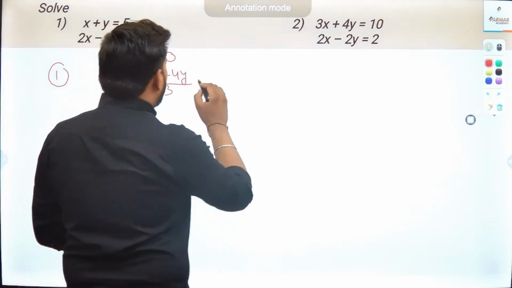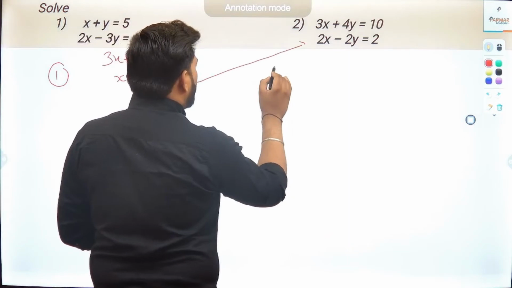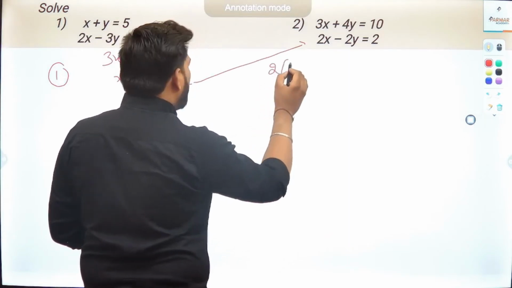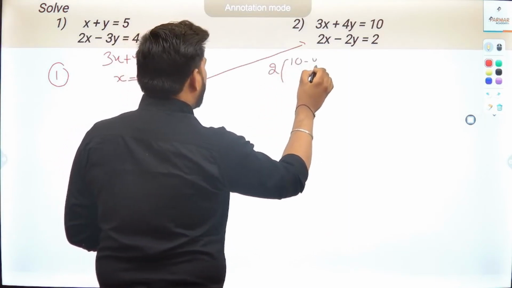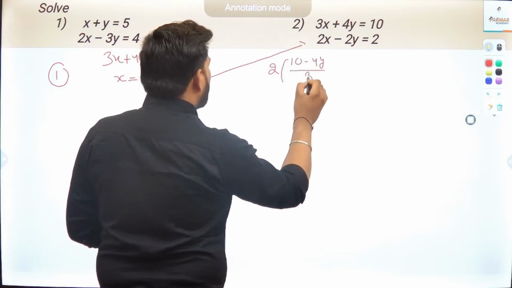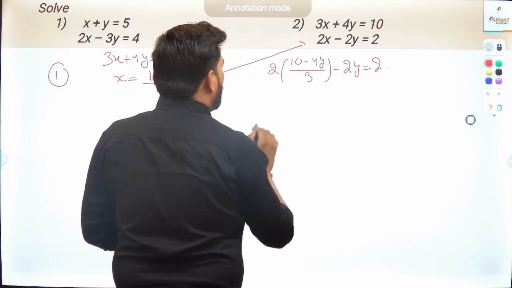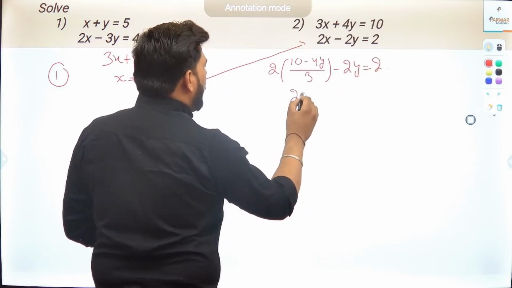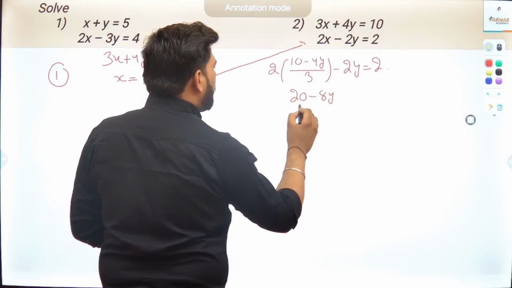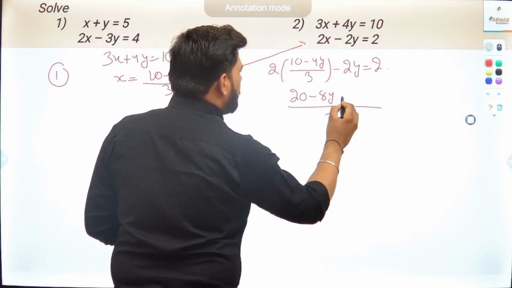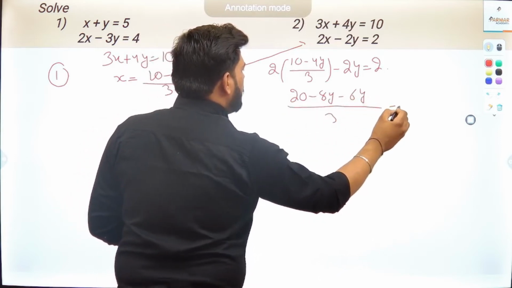Now, we will substitute this value in the second equation, that is 2 into x, that is 10 minus 4y upon 3, minus 2y equal to 2. Now calculating, 20 minus 8y upon 3 minus 6y is equal to 2.